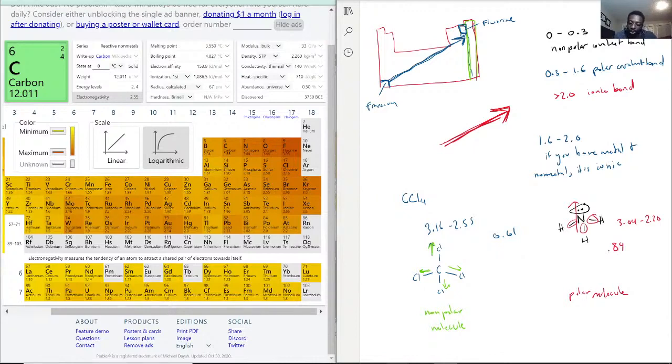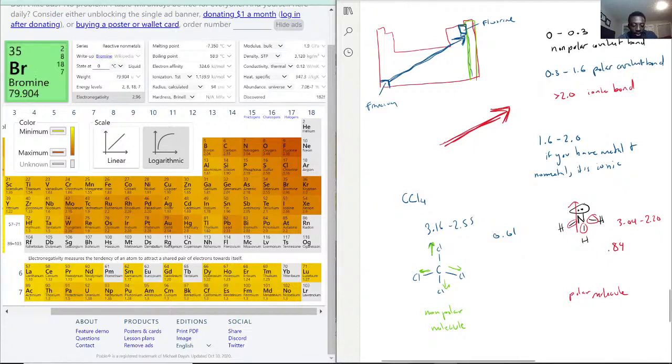So it has polar covalent bonds and it's also polar because of that lone pair. Maybe next time I'll come up with something, maybe sulfur. Nope, fluoride is too strong.